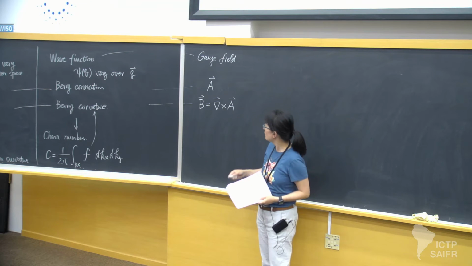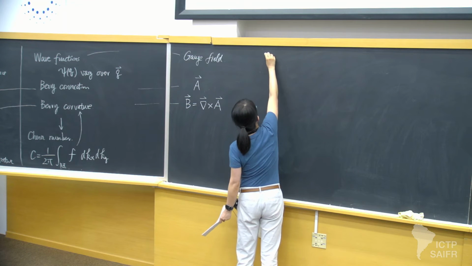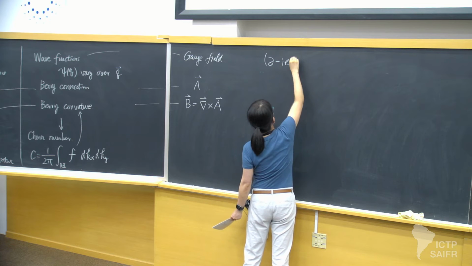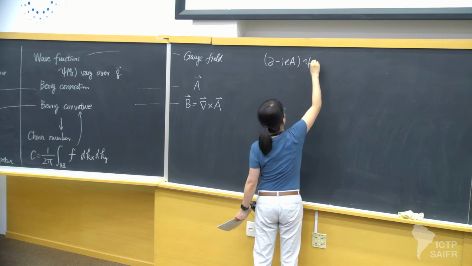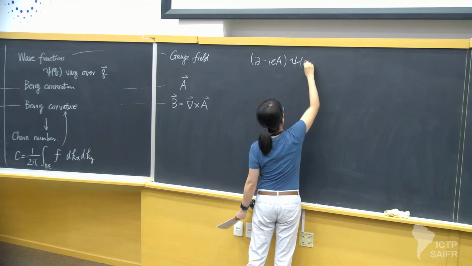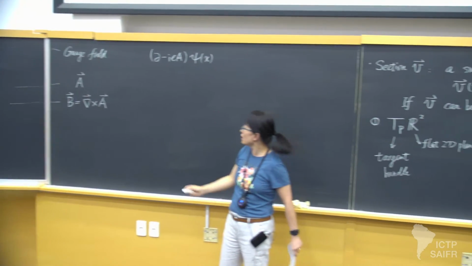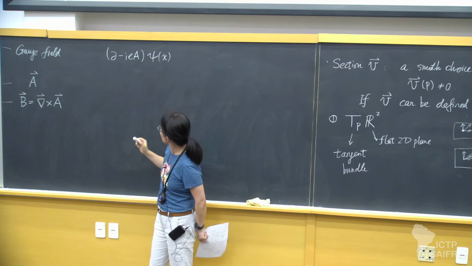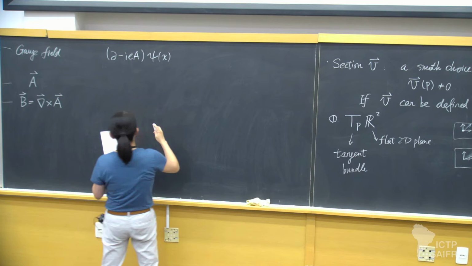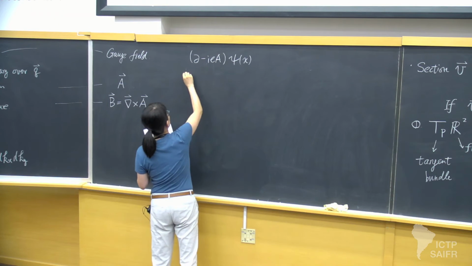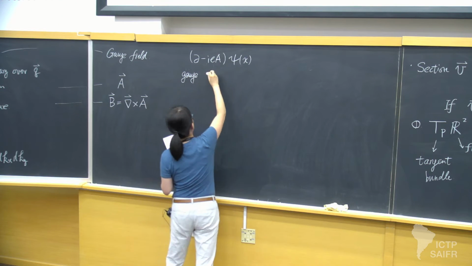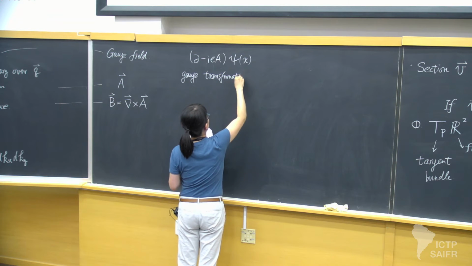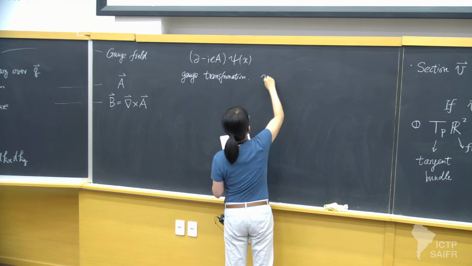You probably remember that you write this minimal coupling. And in this case, you can see that this A field, so let me write the whole thing. So you can make a gauge transformation.